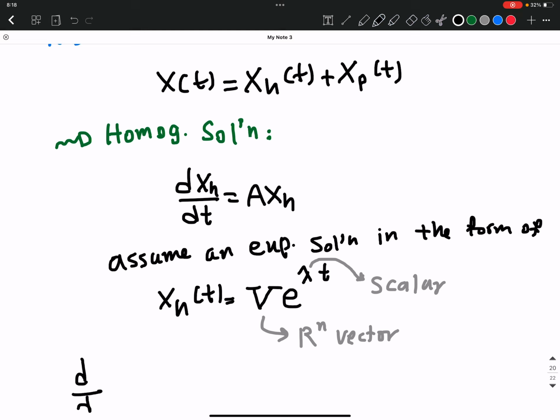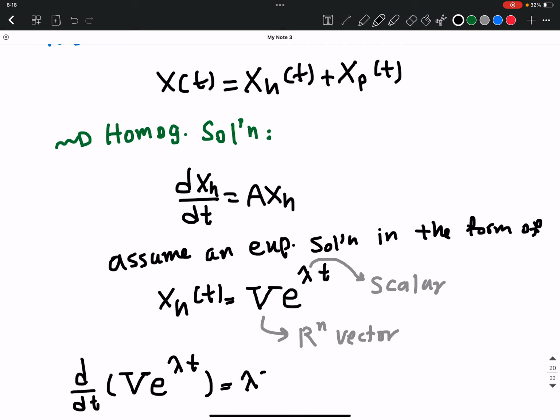If I substitute this back, I have d/dt of v e to the lambda t equals, what would be the derivative of this? The derivative with respect to t, and the only function that has t here is e, and the derivative of that would be lambda.